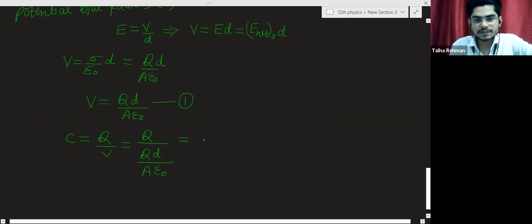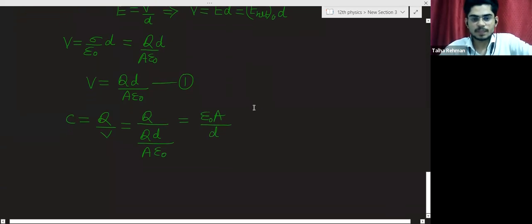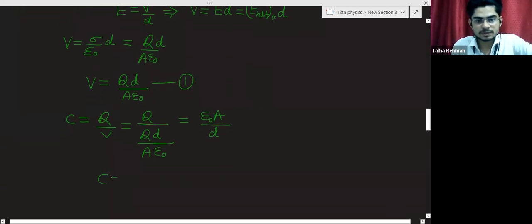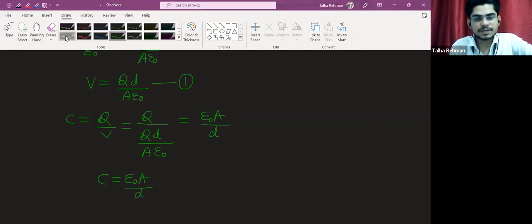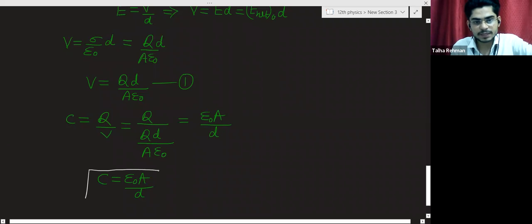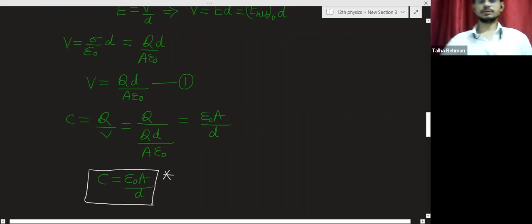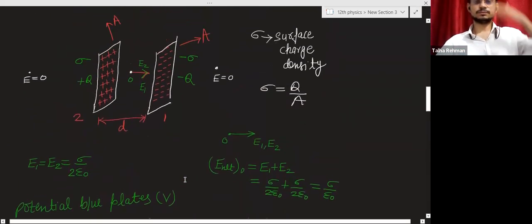Then you will get the value of C as epsilon naught A divided by D. So finally we got the answer, epsilon naught A by D. This is the capacitance of a parallel plate capacitor. You should remember this formula. That's how we calculate.